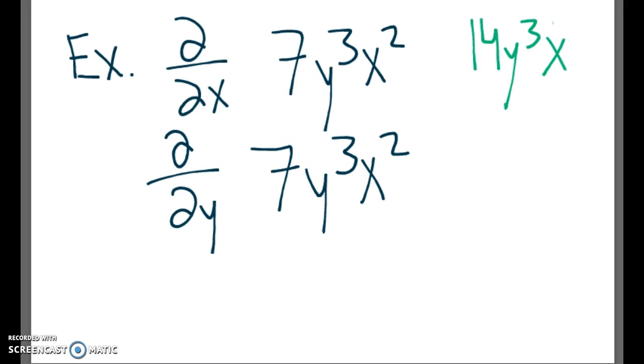And when we take the derivative of the function with respect to y, we have x squared as our constant now, and we multiply that times the derivative of y cubed, which is 3y squared. So we have 21x squared y squared.